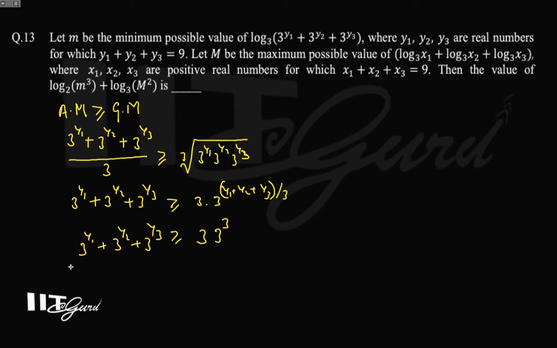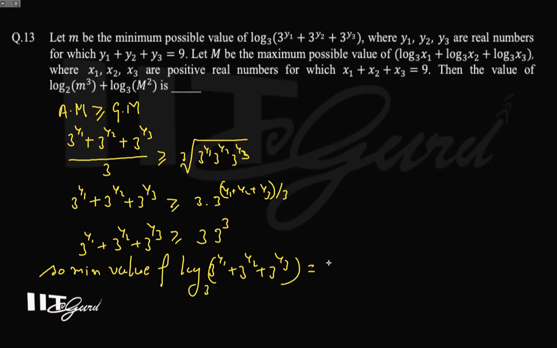So the minimum value of log of 3 to the power y1 plus 3 to the power y2 plus 3 to the power y3 to the base 3 is log of 3 to the power 4 to the base 3, which is 4. So the minimum value is 4 over here.